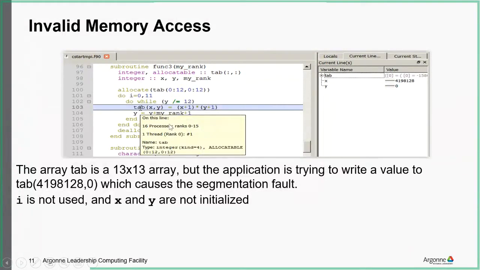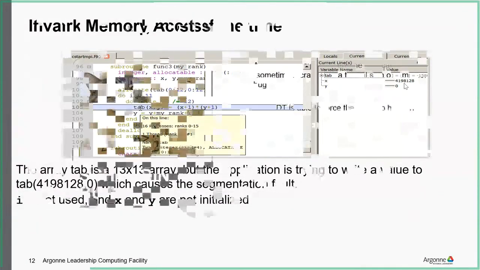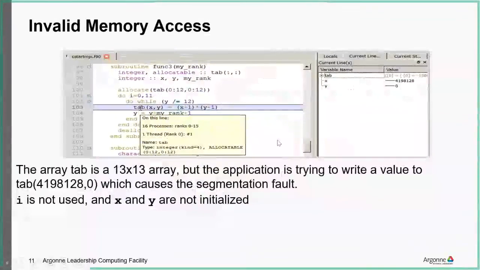And it's trying to access an X value that's greater than 4 million, right? So that's causing the segmentation fault. Quickly, at a glance, you can see that there's something going on here. And it's up to you to figure out how this value got so huge that it was invalid when it was trying to access this tab array.